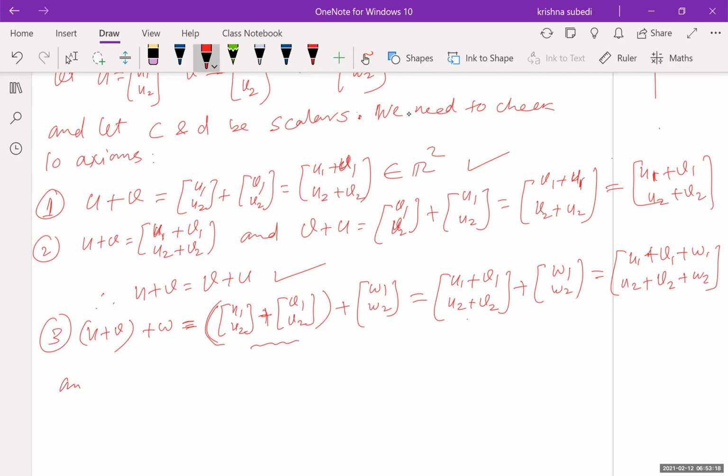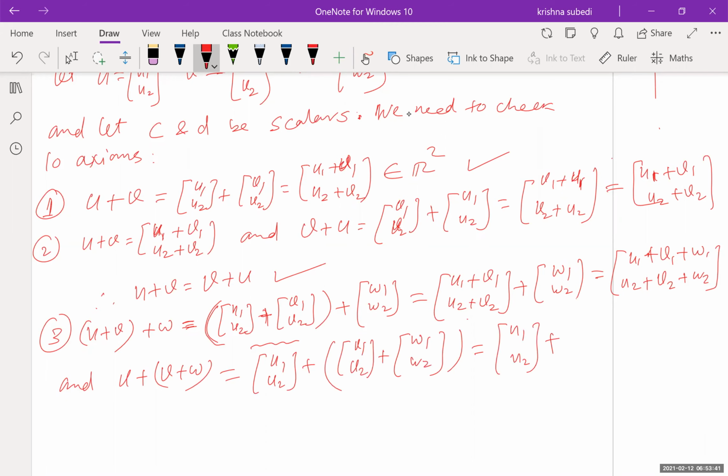And now let's see u plus (v plus w). So we have a different association now. What it means is u is outside of the bracket, and inside the bracket we have v1, v2 plus w1, w2. Now u1, u2 plus, we need to do the operation inside the bracket first.